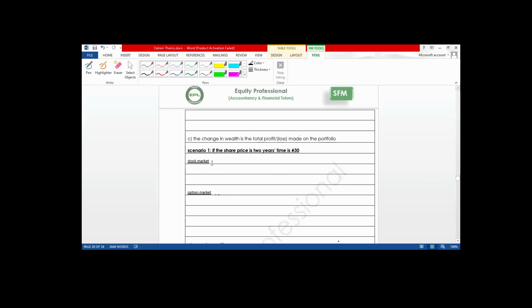Now look at scenario 1. The change in investor's wealth is the total profit or loss made on the portfolio. Scenario 1: if the share price in 2 years' time is 30 naira.